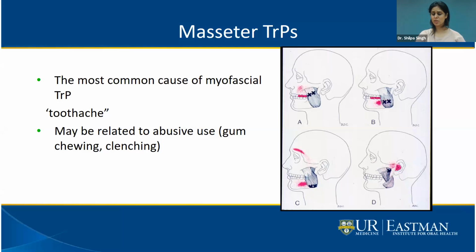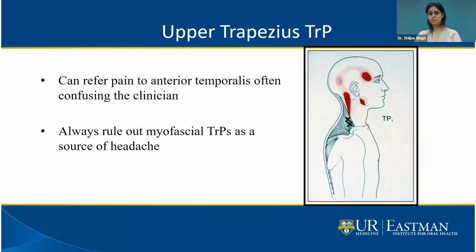Masseter is very common, just because this is the most used muscle in our jaw. Any para-functional habits, chewing gum, clenching, use this muscle. Upper trap is another one which has a pattern towards the orofacial pain region and into the dental area, and we can definitely confuse it with dental pain.